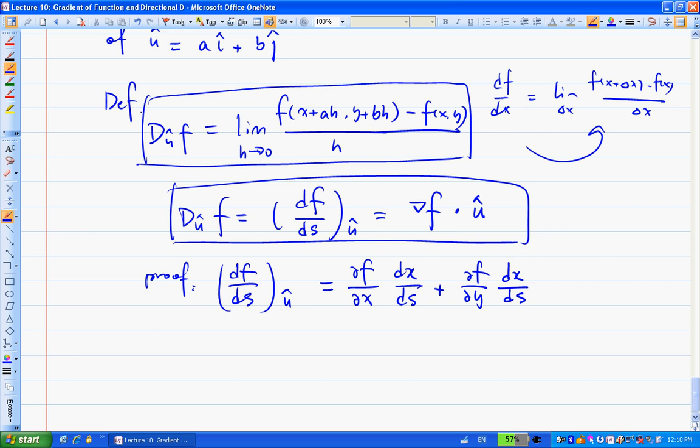So that means x and y will be functions of s. So that's the chain rule here. And these two I'm going to write as dx over ds and dy over ds.